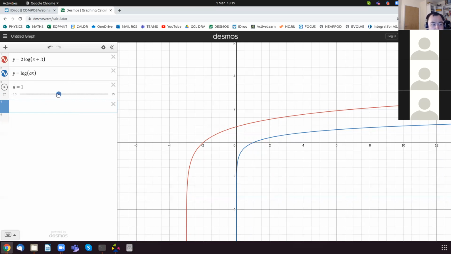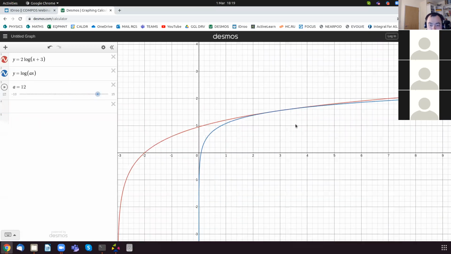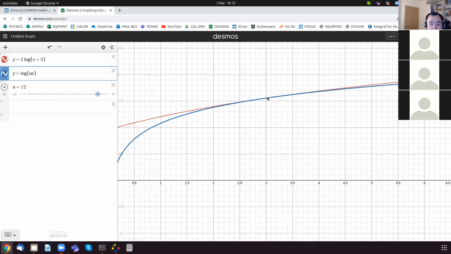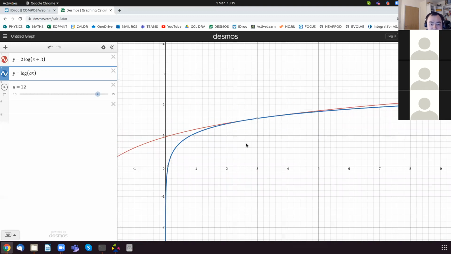When a is 1, it's like that. 2, 3, 4, 5, 6, 7, 8, 9, 10, 11, 12. And as you can see, for 12, there is one point at which they meet.